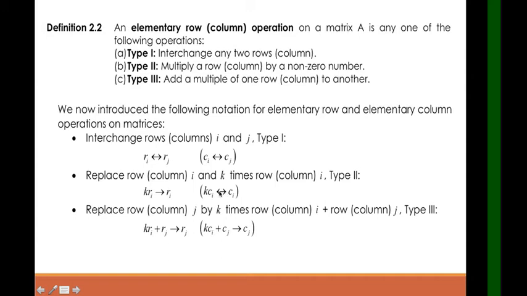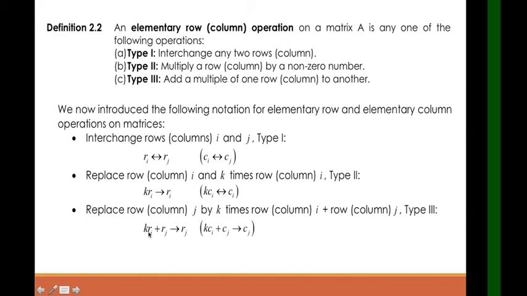It should be replaced to C sub I. Replace now row or column J by K times row or column I plus row or column J is type 3. So for example, K R sub I plus R sub J is the resulting R sub J.